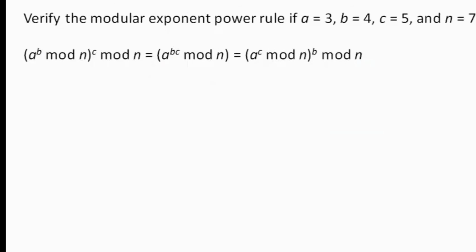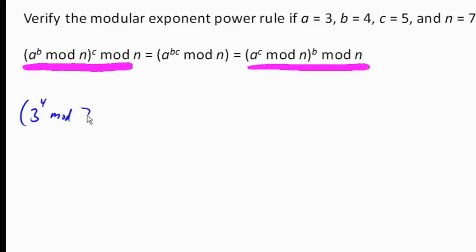Now, let's look at another variation of this called the modular exponent power rule, which says that these three things are equal. We're going to specifically check this one compared to this one, using these values here. So using these values, it would be 3 to the 4th mod 7 to the 5th power mod 7.